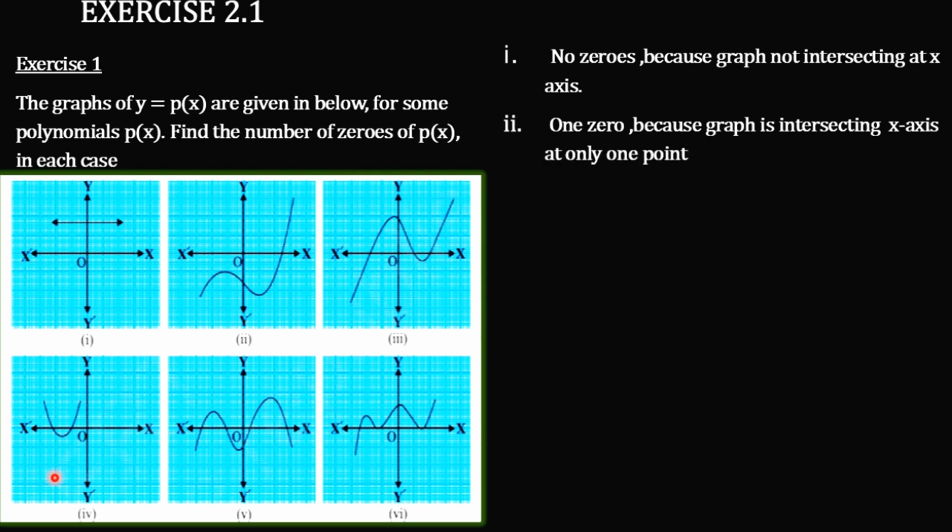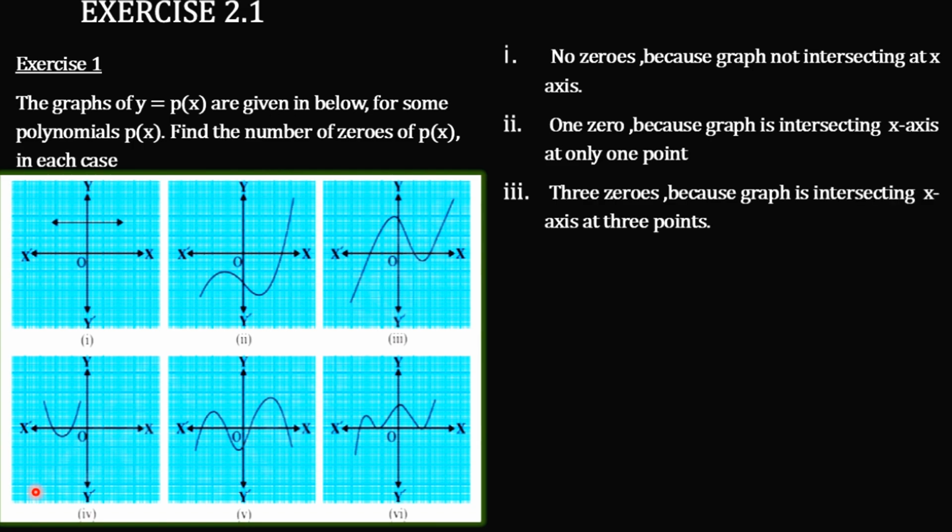Here we have 1, 2, 3 points, so we have 3 zeros in the third graph, because the graph is intersecting the x-axis at 3 points. Here only 2, that is 1, 2, so 2 zeros. The graph is intersecting at 2 points.